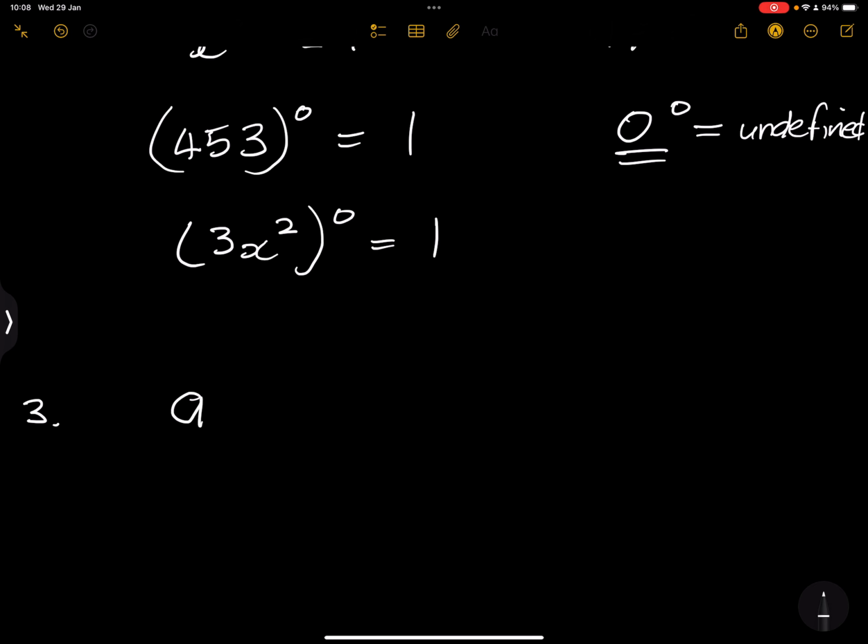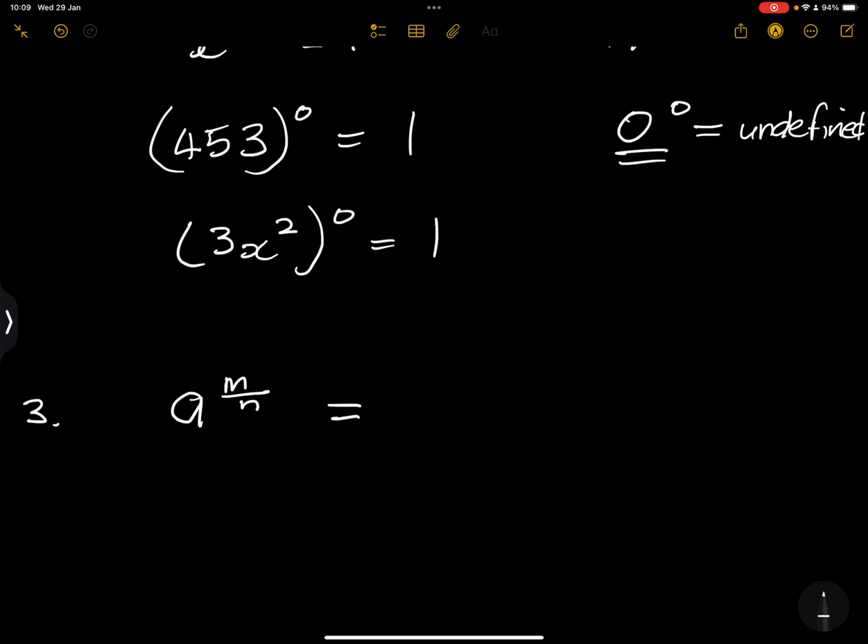Okay, so if I've got a to the exponent m divided by n, so I am raising a base to an exponent that is a fraction. Remember in this case, the numerator would actually just remain, and the denominator is a part of the root.